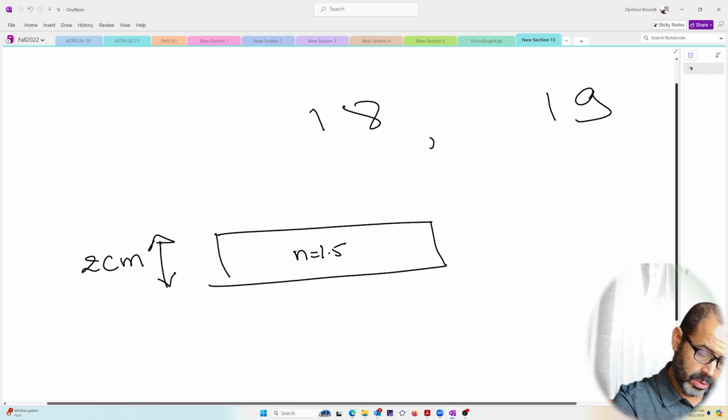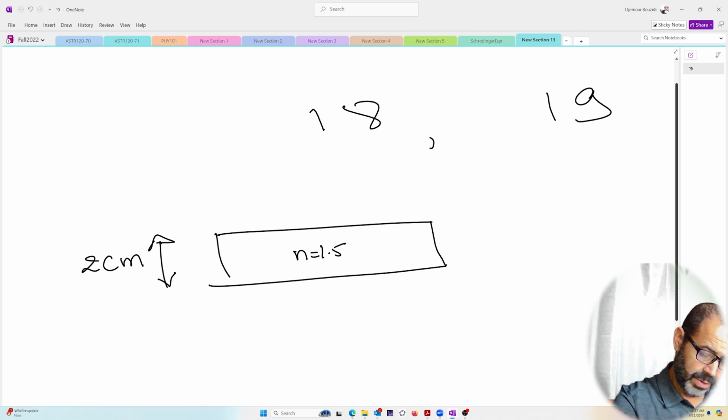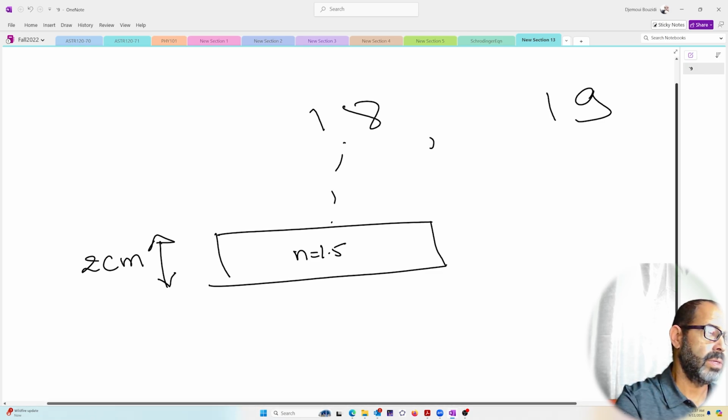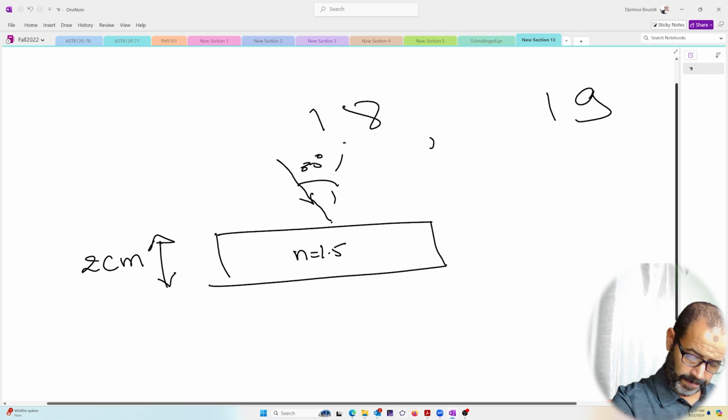It's going to strike it at an angle of 30 degrees. So this is the normal, and the angle of incidence is 30 degrees. Obviously, the normal is extended forever on both sides.